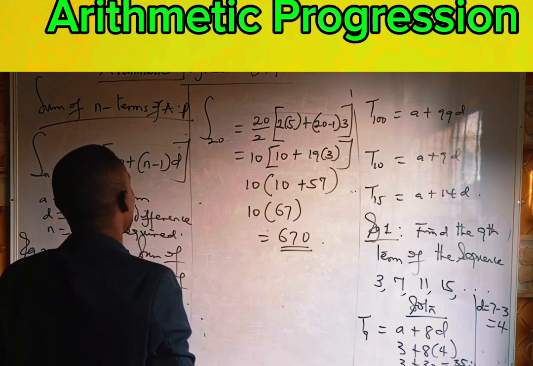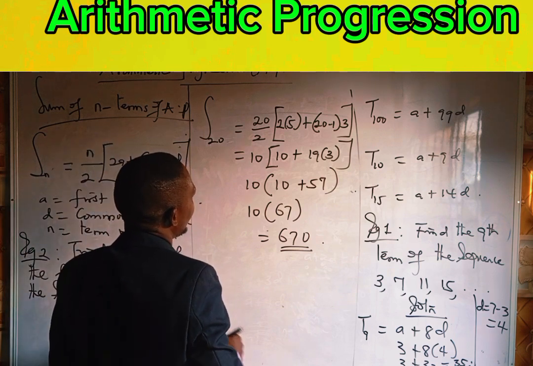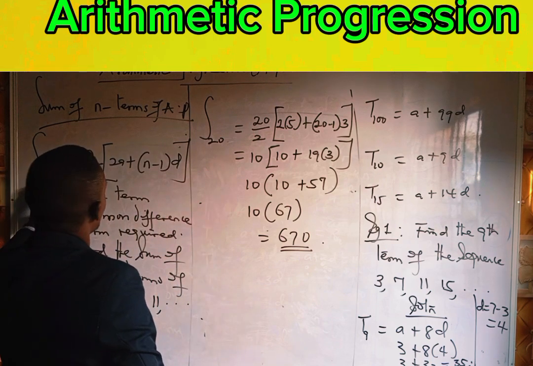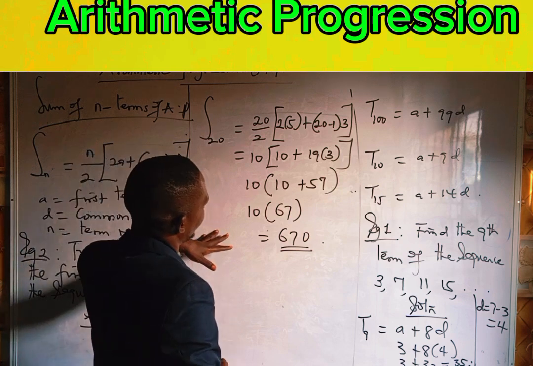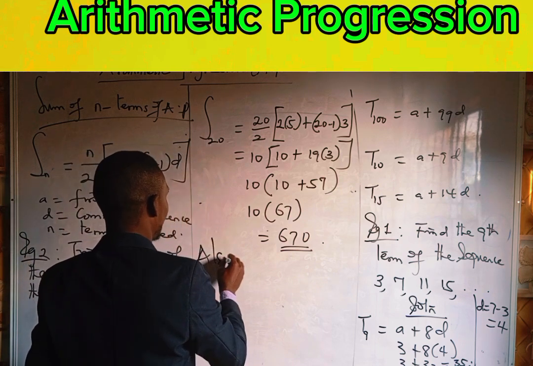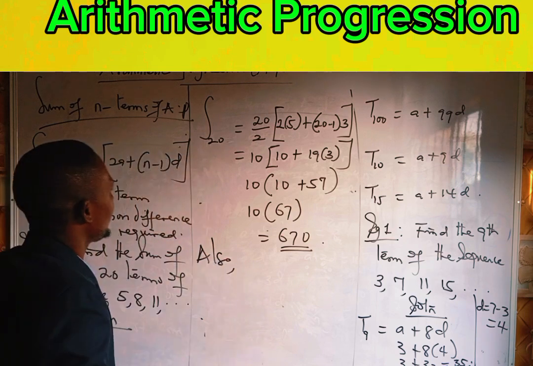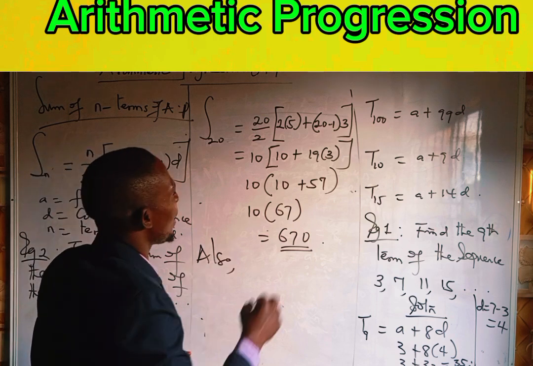Another thing is when the first and last term are given, and you are to find the sum of the n terms of the AP. Okay, let me put it. Also, sum of n terms of AP when the first and the last term are given.